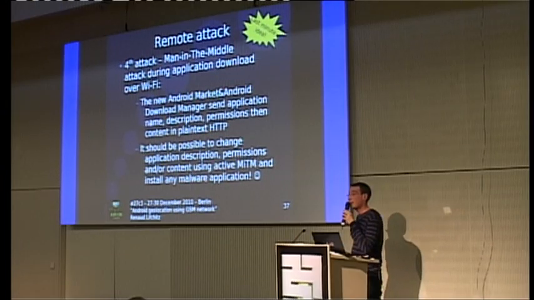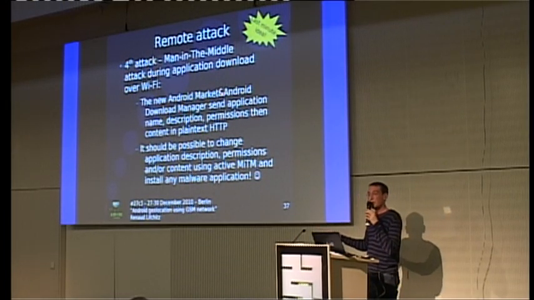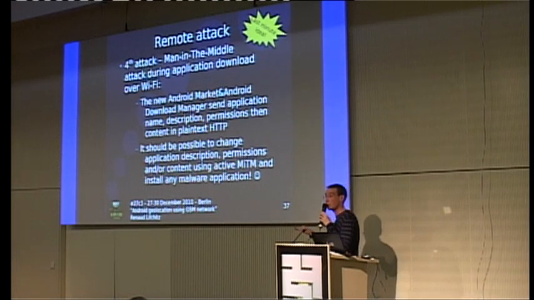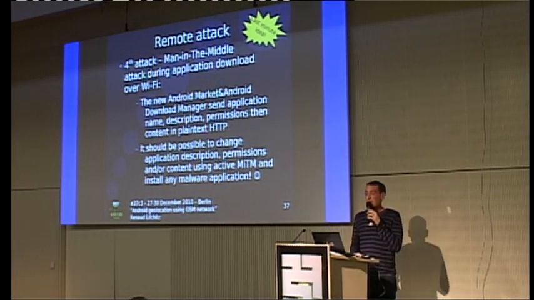So by doing an active man in the middle, you are able to change the application description, you are able to change the application permissions which will be shown on the phone, and you are even able to replace the application content by another content, which can be a malware, for instance.